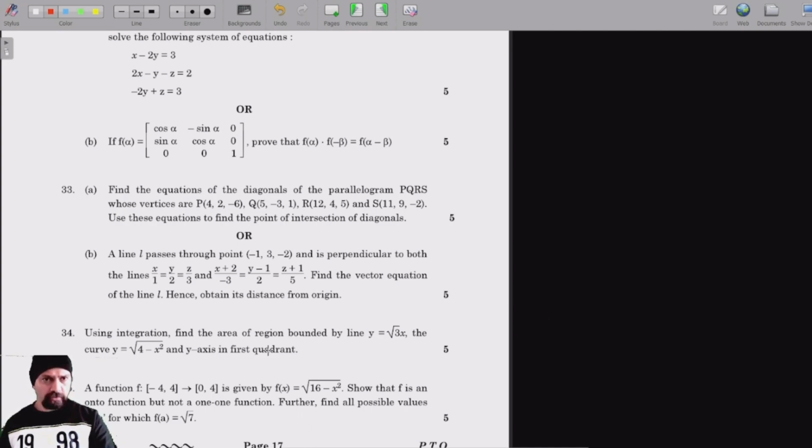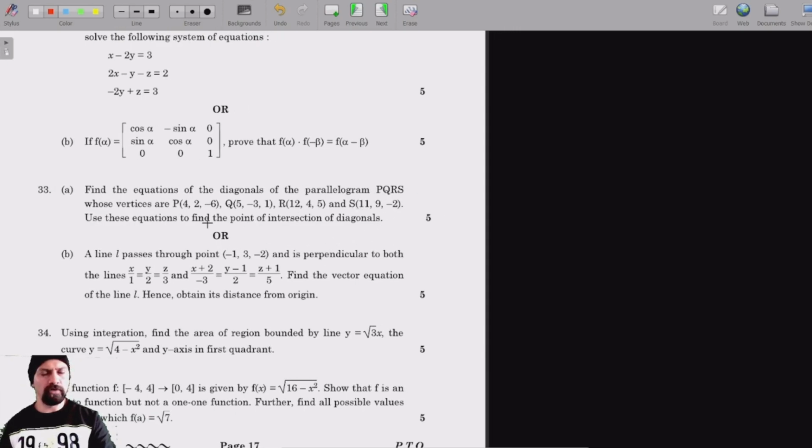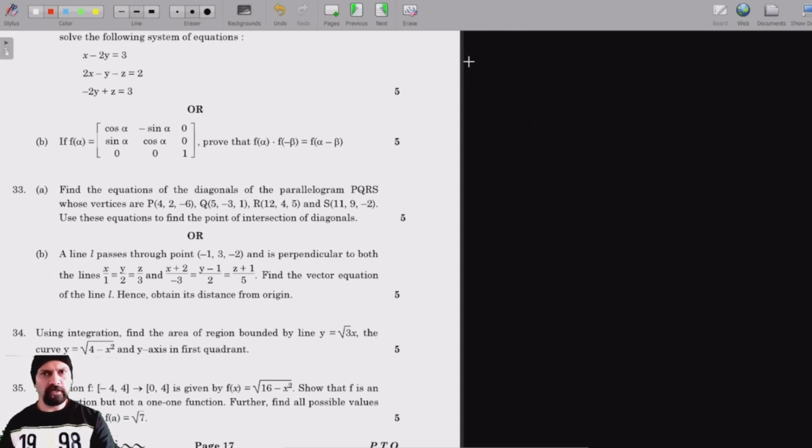Okay, we are on to question number 33, where we have to find the equation of the diagonals of the parallelogram PQRS, whose vertices are given.